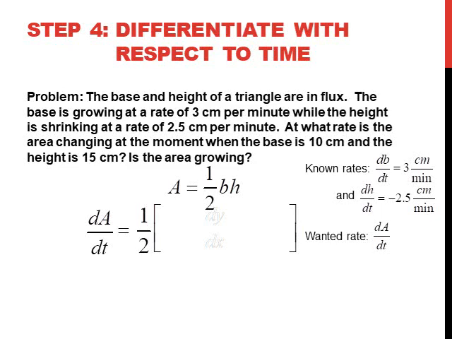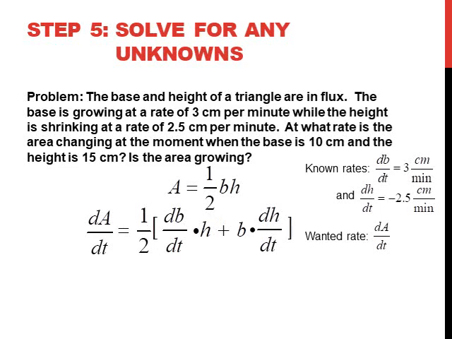The product is between b and h, so I need the derivative of the first function times the second function plus the first function times the derivative of the second function. Hey, I just differentiated with respect to time.